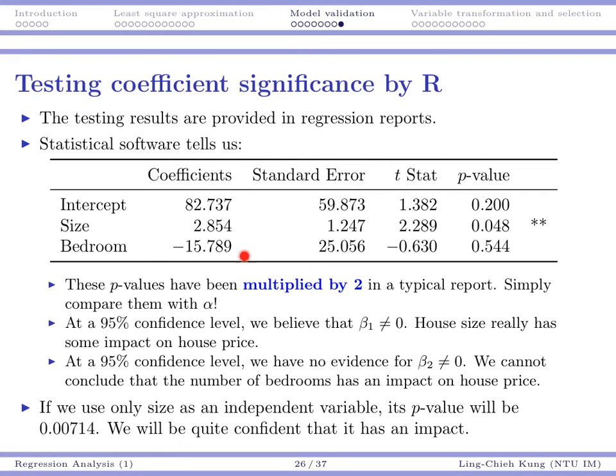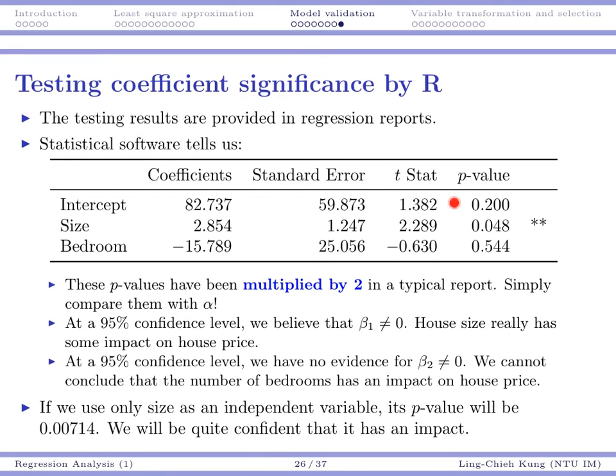The first column gives us the estimate values, 2.8, negative 15.7, some numbers we see in the formula that can be calculated by the least square approximation. And then we have something called standard error, which is the standard deviation of the sample mean, something related to sigma over square root of n or s over square root of n, something we played with when we were doing hypothesis testing.